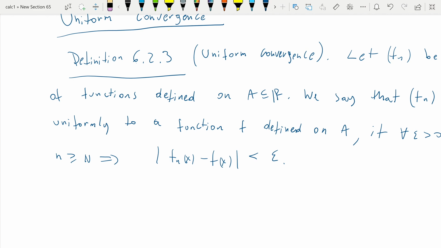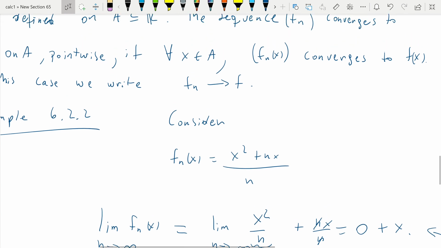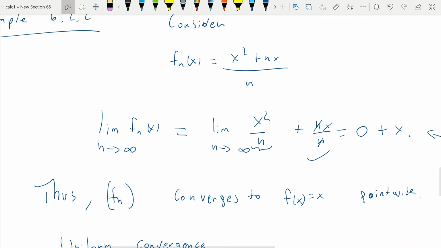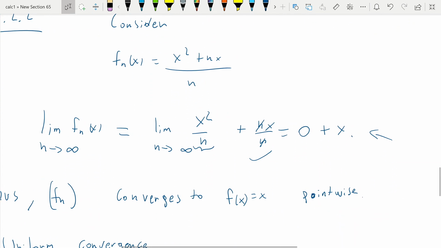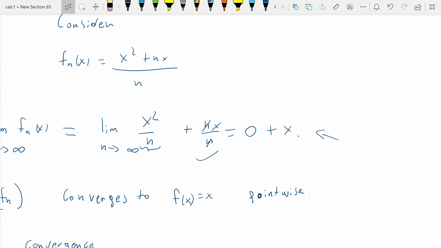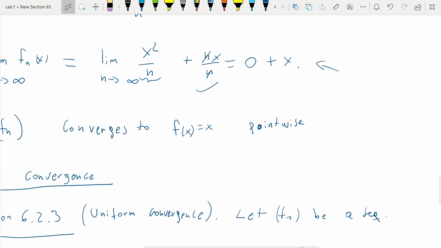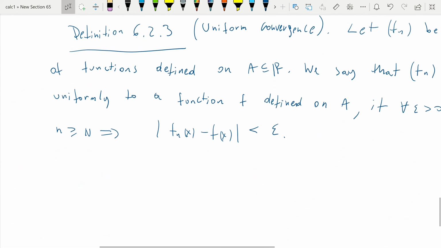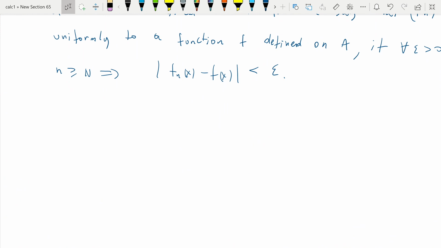This is not the case for the previous example, because as you can see, with x squared over n, if the value of x is really big, then the n you need to choose is going to be very, very big. So x squared over n being smaller than epsilon, that's what you want.